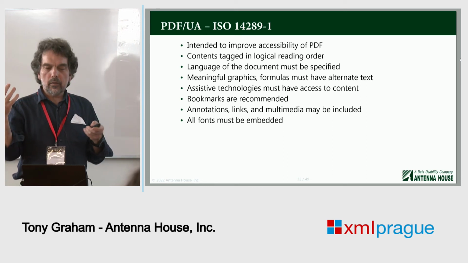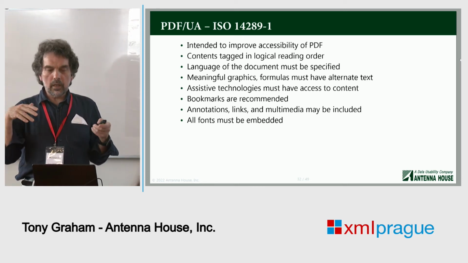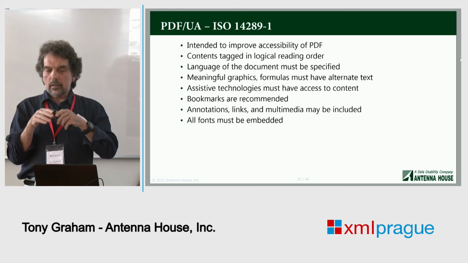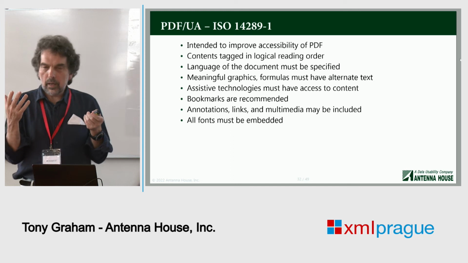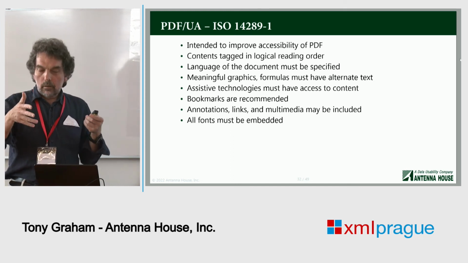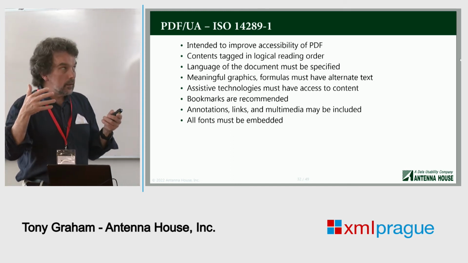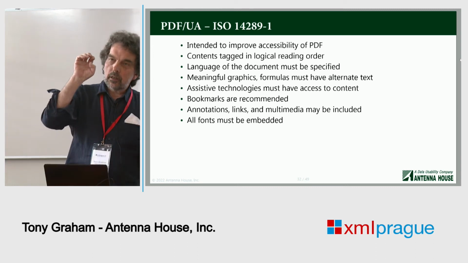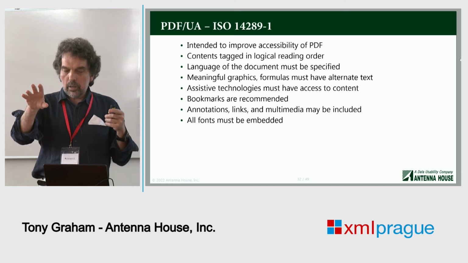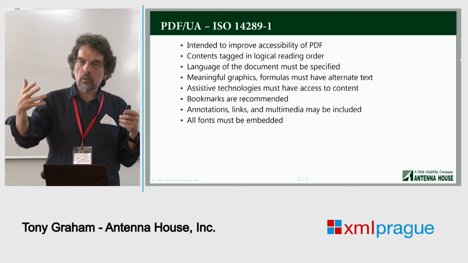As I said, PDF UA, ISO 14289, is sort of a distillation of how to make accessible PDF. It has requirements, being an ISO standard, about what to do. It tells you what you need to do so that content is presented in a logical reading order.